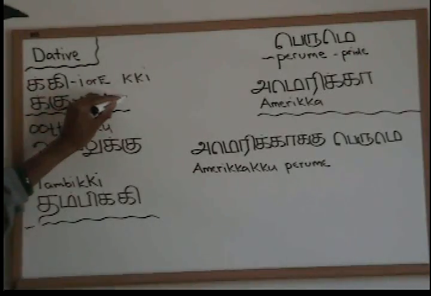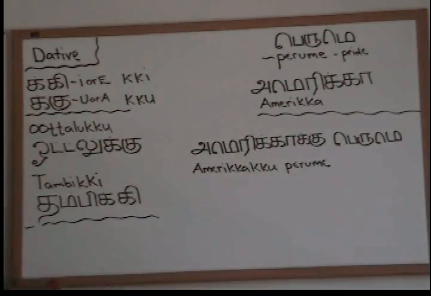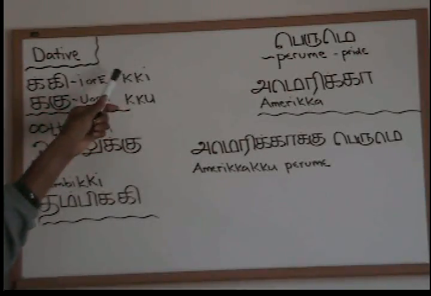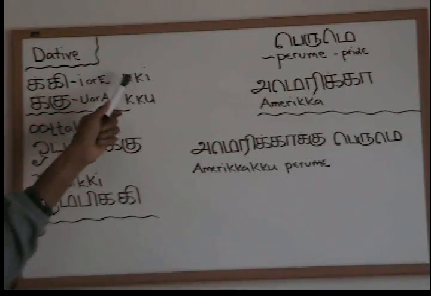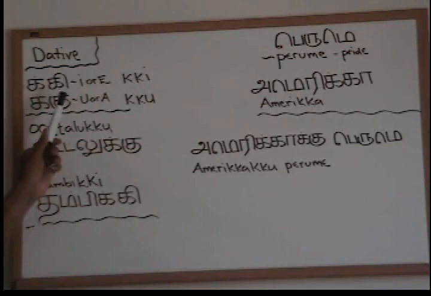So we have ki and we have ku. The first rule is that whatever the word is, if the word ends with I or E, the suffix is going to be ki. Now, if the word ends with a U or an A, then it's going to be ku.